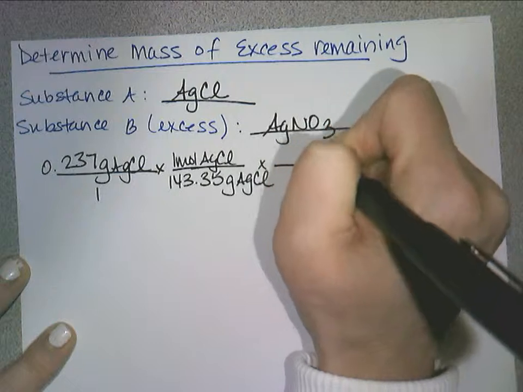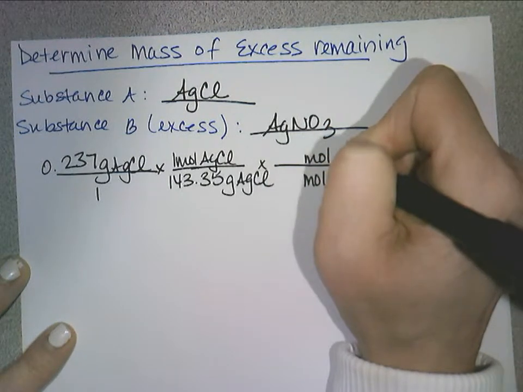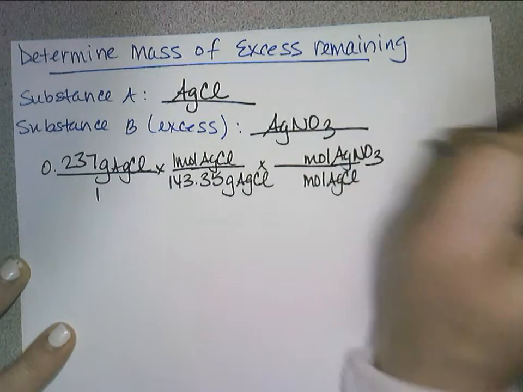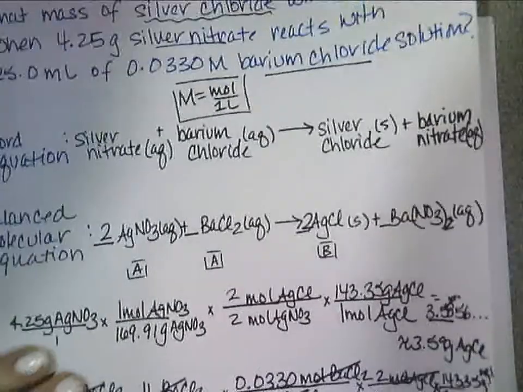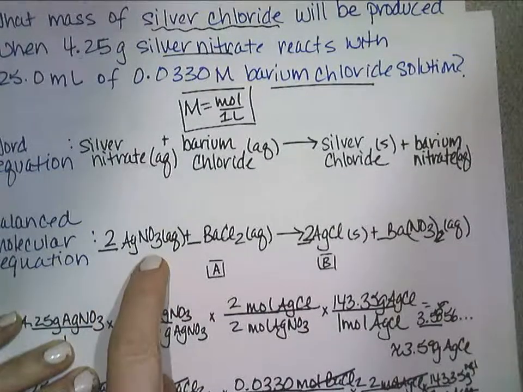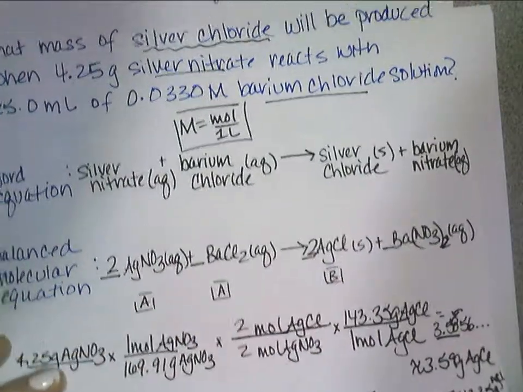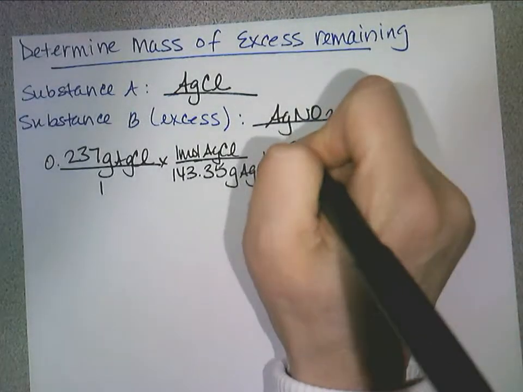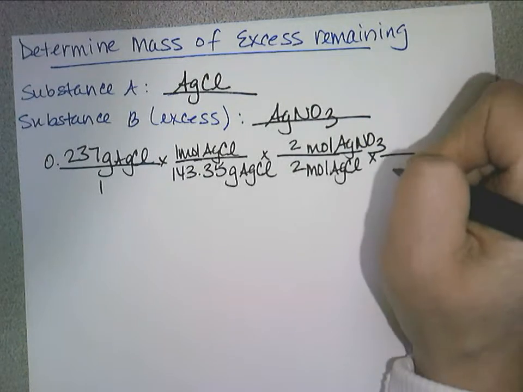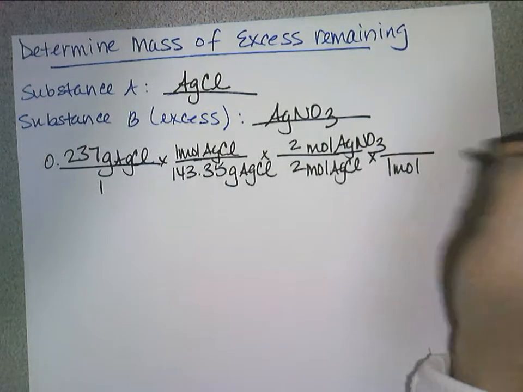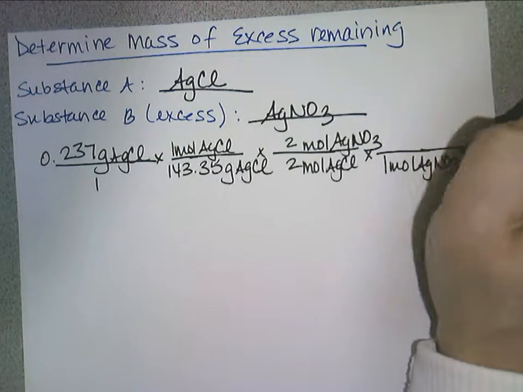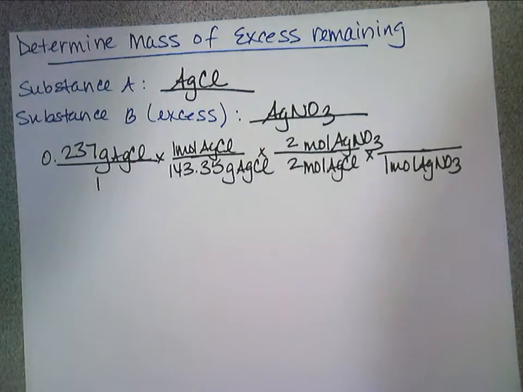We want to solve for the moles of substance B, which is the excess remaining, which is AgNO3. So going back to the balanced reaction, for every 2 moles of AgNO3 that reacts, 2 moles of AgCl form. So we've got a 2-to-2 ratio. And now we want to know in 1 mole of this new substance B, AgNO3, how many grams are there?